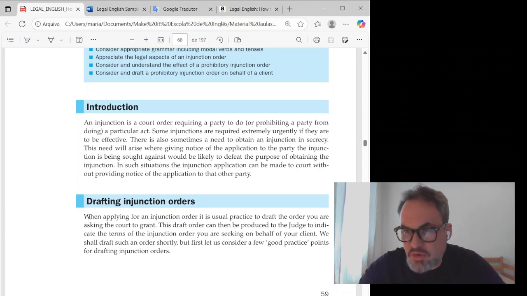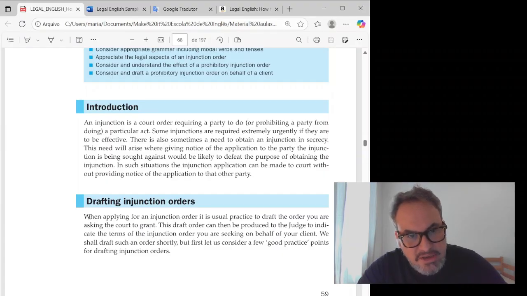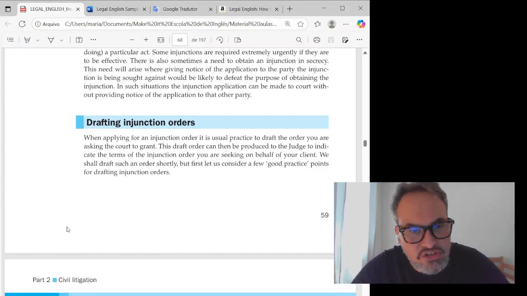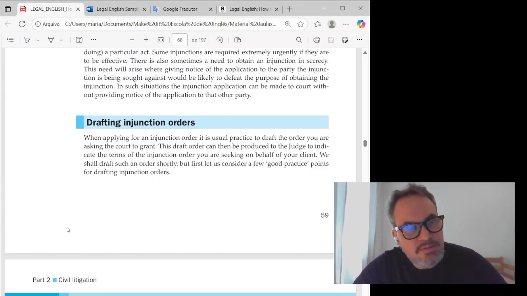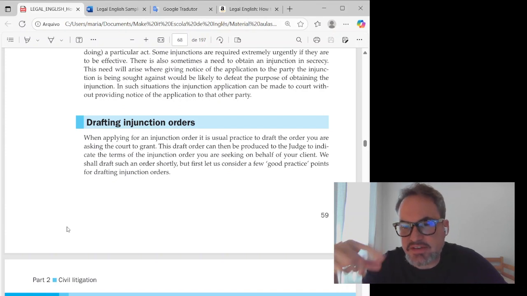So it's not so effective. So it needs to be made in secrecy. In such situations, the injunction application can be made to court without providing notice of the application to that other party.